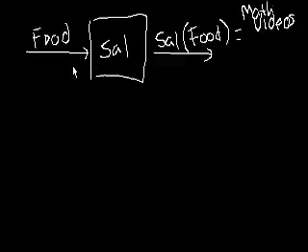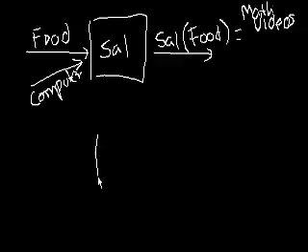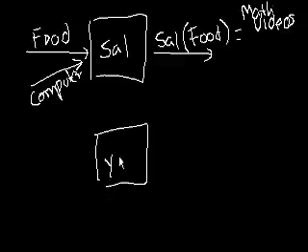You give me food, and maybe I have multiple inputs. Maybe you give me a food and a computer, and I would produce math videos for you, right? And maybe you are a function. I don't know your name. I would like to, but I don't know your name.